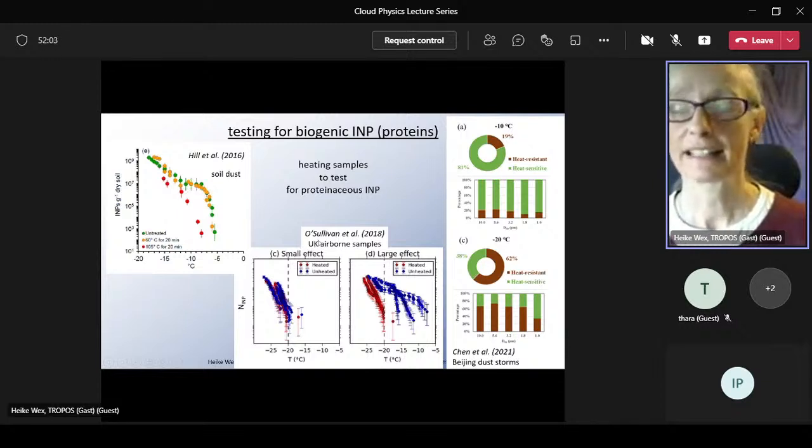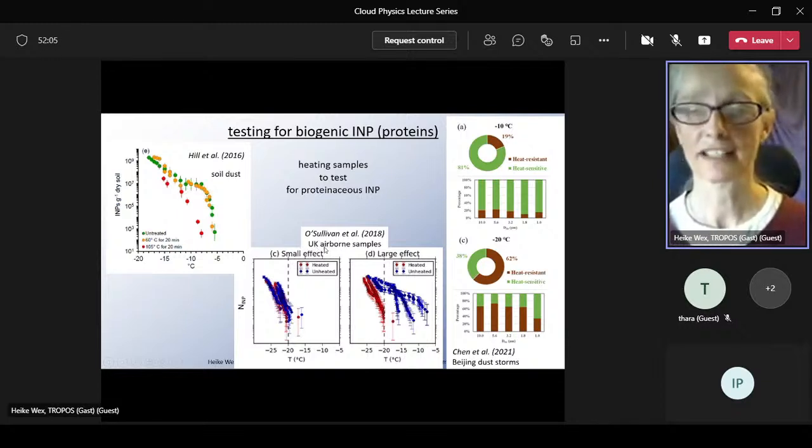Same was seen in samples from the UK, airborne samples. They had some samples that weren't very ice active, heating didn't do anything to them, but some were very ice active, and when they heated them, the ice activity vanished. It was seen in many, many more papers, but I still also want to show you that one from a Beijing dust storm, because it's a nice paper just in general.